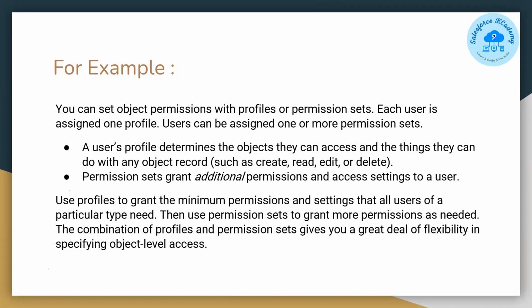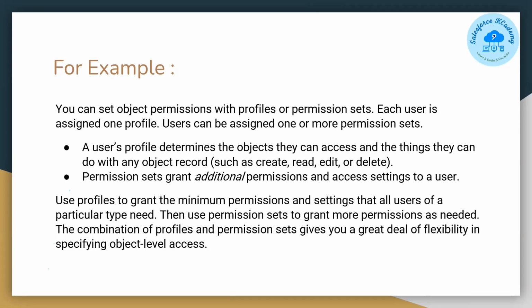One second, I'll just explain this. Again, we'll get in depth with the permission sets and the profile. For example, you have certain users, and you have profiles assigned to the users and permission sets assigned to the users.